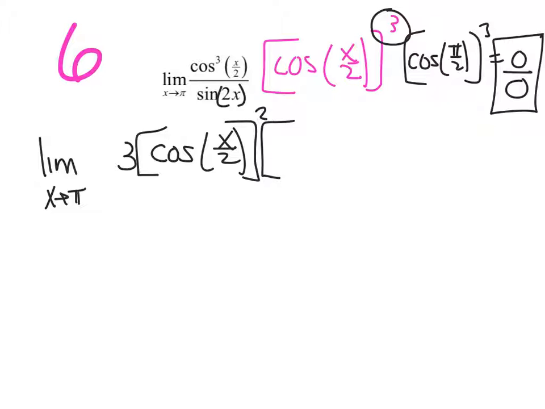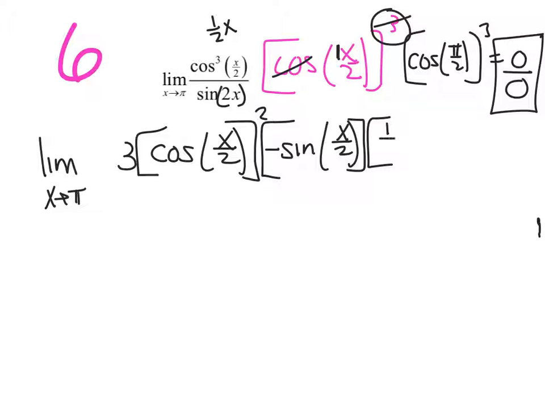Now times the derivative of the inside. So I took care of the 3. The derivative of cosine is negative sine. Keep the inside, times the derivative of the inside. Now if x over 2 bothers you, it's really saying 1x divided by 2, otherwise known as half x. Would you agree with that? So the derivative of half x is just 1/2.